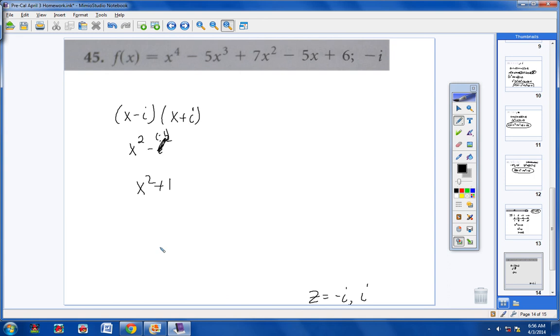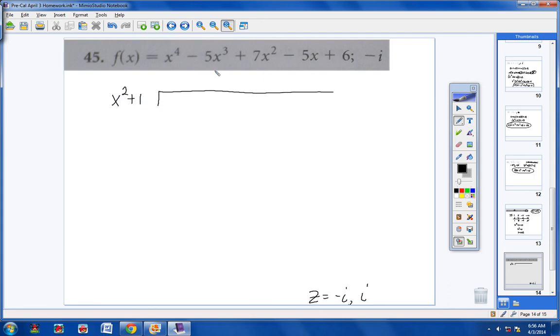Now think about that. x squared plus 1 should go into this entire expression evenly, and then what I'm left over with hopefully will be pretty easy to finish up. With the synthetic division and all of those imaginary numbers you're going to come out with in the end, it's going to be tough to use those because you're going to have imaginary numbers in your polynomial function, and that's going to be really hard.